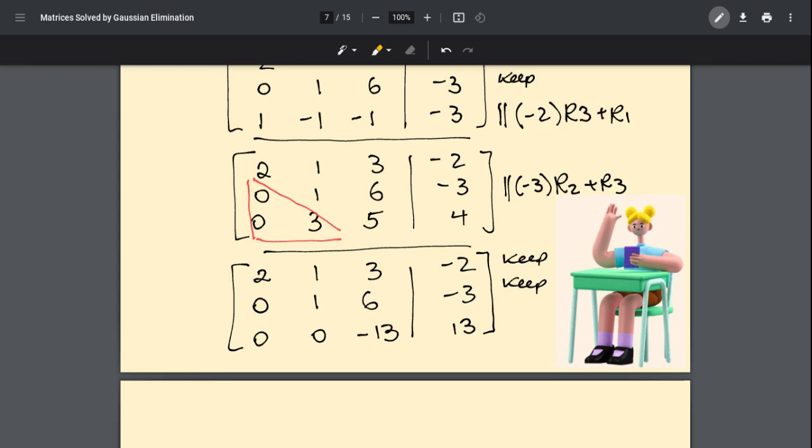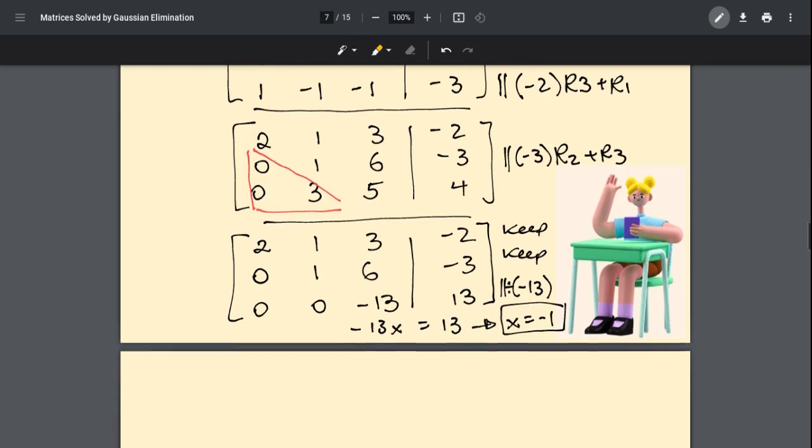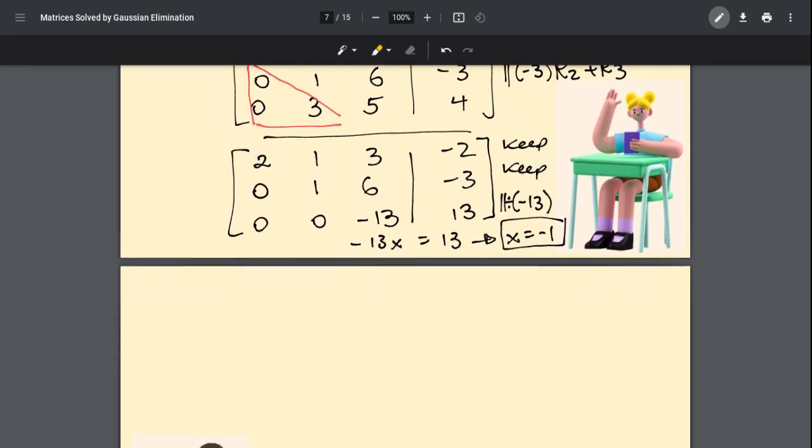Because now think about it. This means -13x equals 13. So that means x is -1. You see? So you can divide by -13 and you will see that you get 1 equals -1.